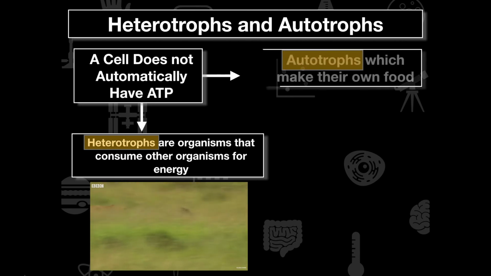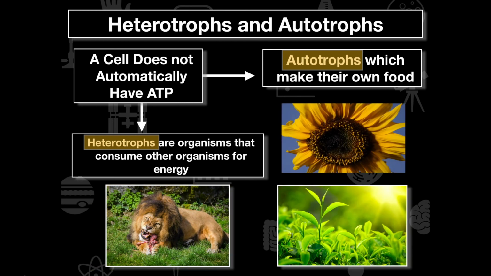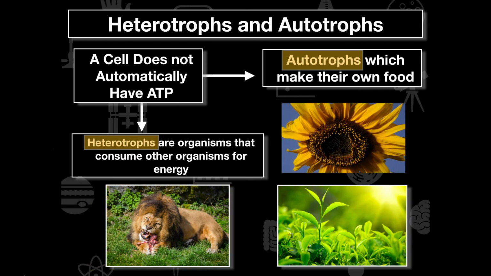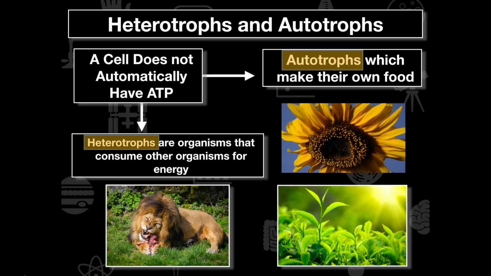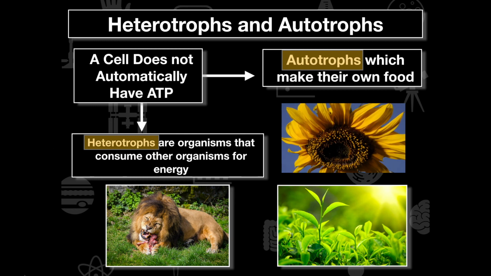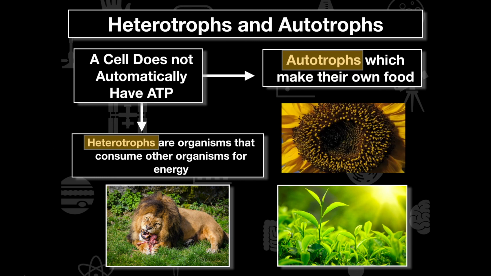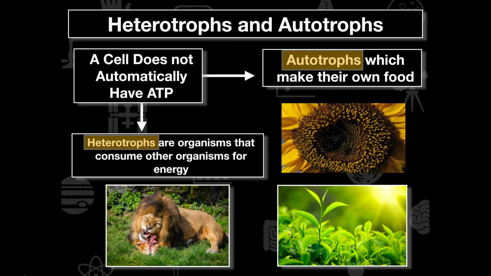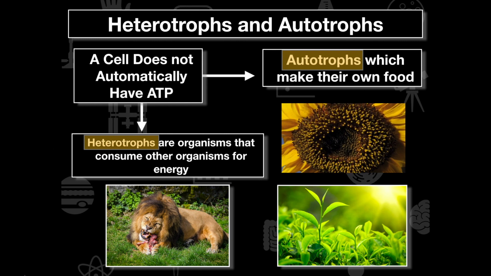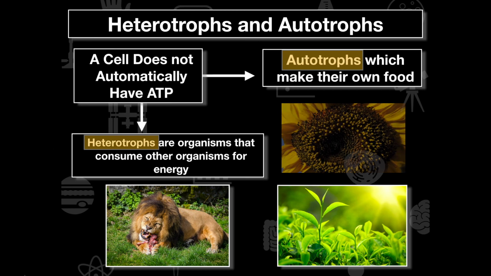Now, organisms that make their own food are called autotrophs, and autotrophs generally get their energy from the sun. They take the photon energy from the sun and convert it into chemical energy. So all energy and life depends upon the sun and the ecosystem, and all life depends on all of the solar radiation that is radiated down on Earth from the sun.